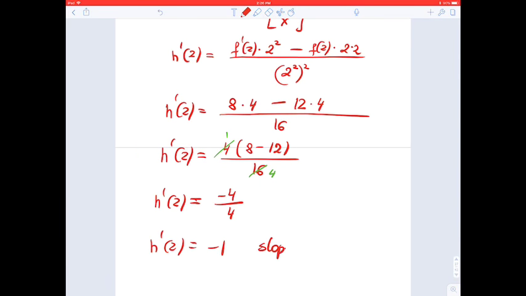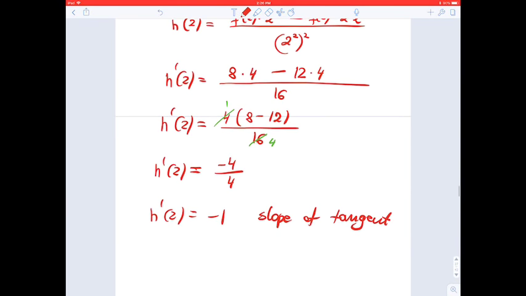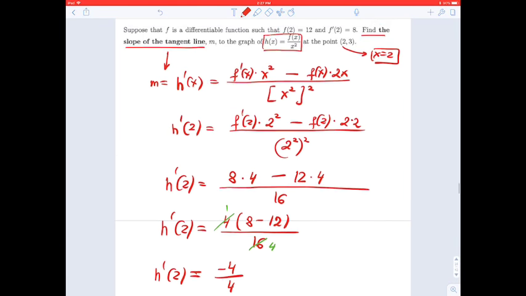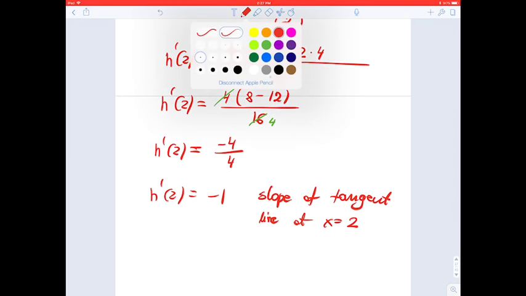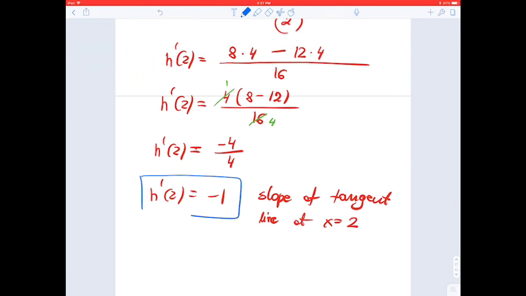That's the slope of the tangent line at x equals 2. Okay, this is slope m.